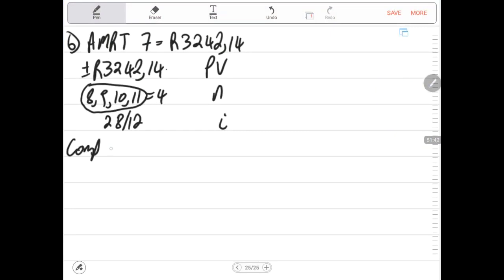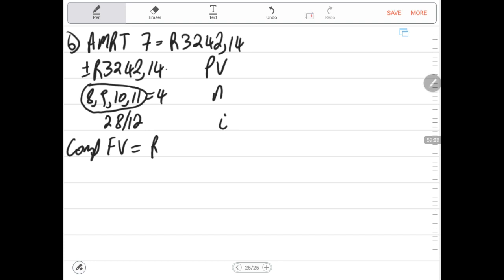We need to know how much is in the account before the 12th payment was made. So now we have to say second function alpha 00 to clear the memory. Then plus minus 3,242 rand 14 cents is our present value. 4 is our n. 28 divided by 12 is our interest.